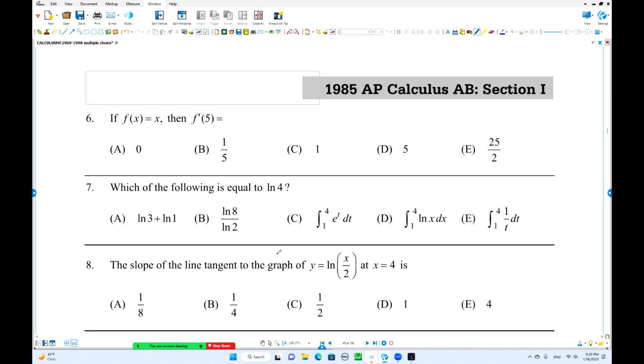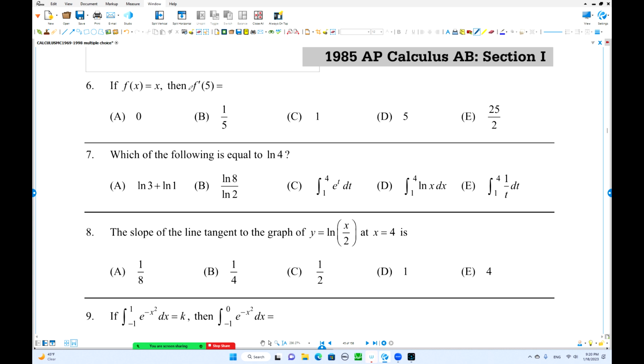Alright, that is number 6. f of x equals x, and f prime of 5 is how much? You know that f prime of x is 1. The slope is 1 at any point x. The slope of the tangent line is 1, because if you take a look over here, y equals x. At any point you can make a tangent, and this is a tangent already, right?